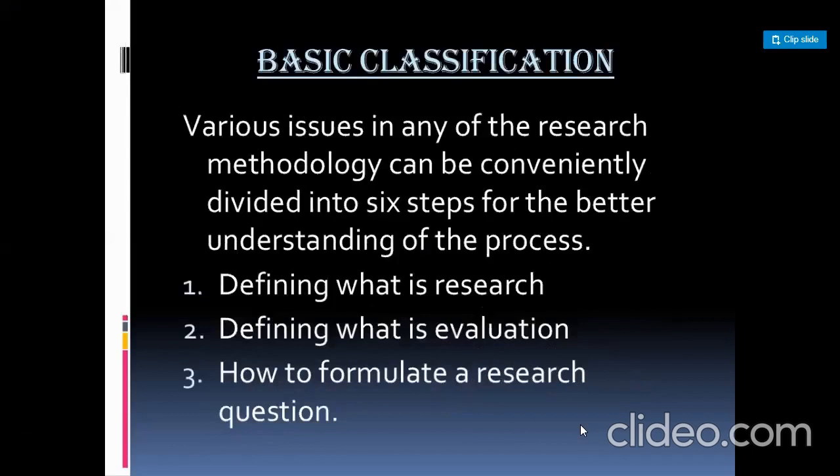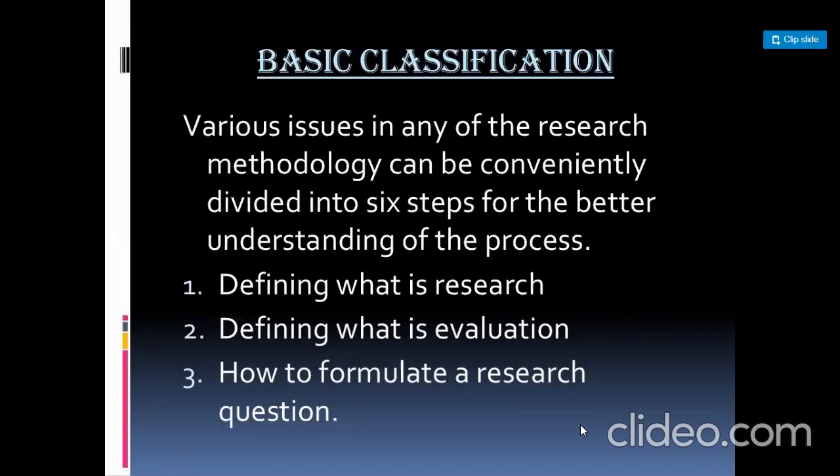Various issues in any research methodology can be conveniently divided into 6 steps for a better understanding of the process. The first one is defining what is research and defining what is evaluation. It will again change the type of research, the type of evaluation, and how to formulate the research question.